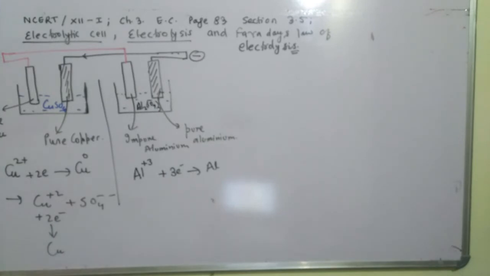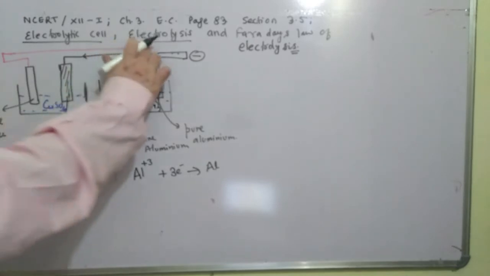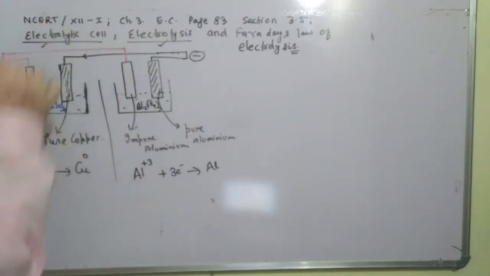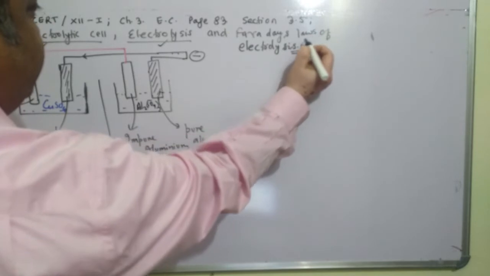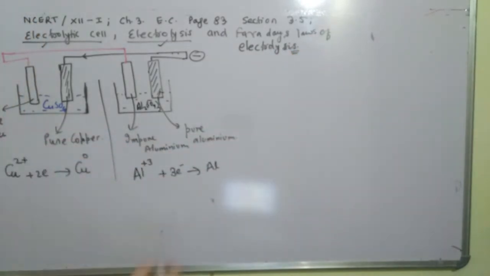So this reduction is taking place. Here I have shown you electrolysis as well as the two electrolytic cells. I have taken this case so that I can clarify both laws of Faraday's law of electrolysis.